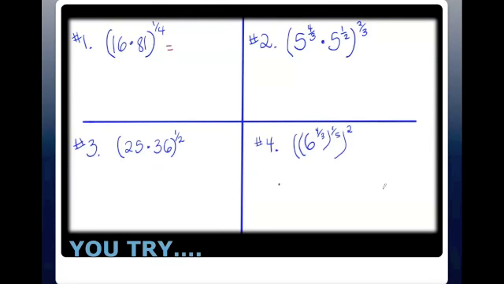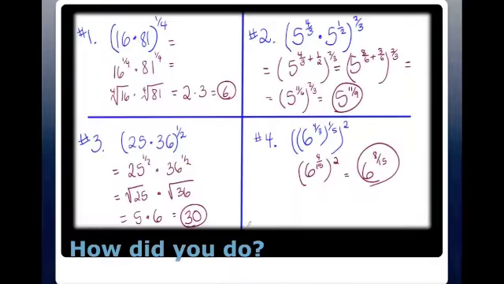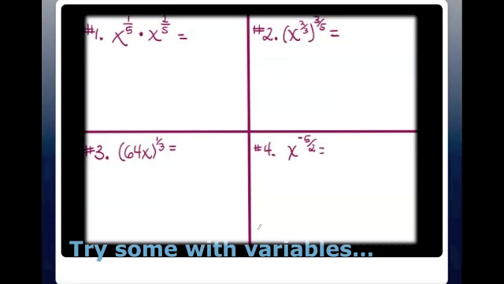Now you try. Here are some more, but these have variables involved as the bases instead of numbers. But it's still the same thing. So try a few with variables as the bases instead of integers.